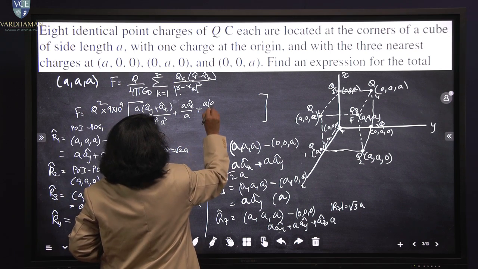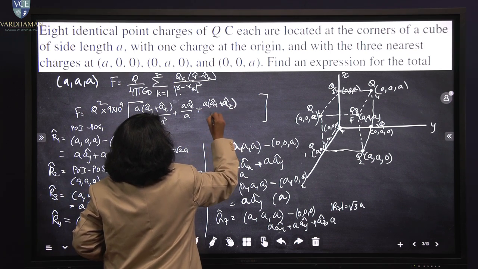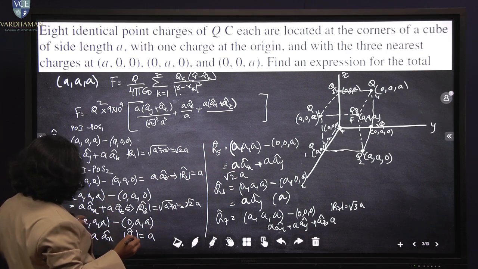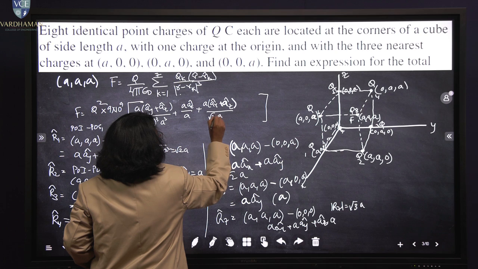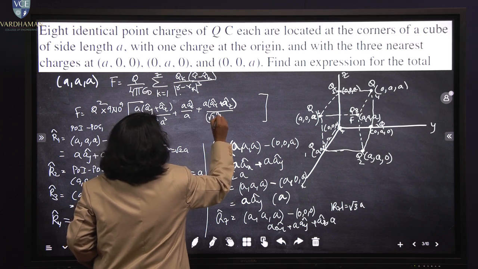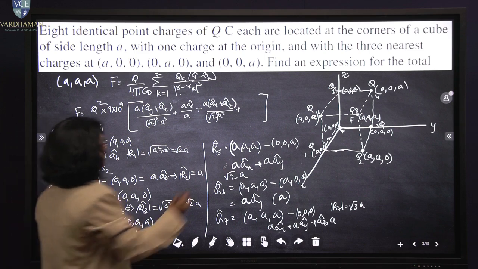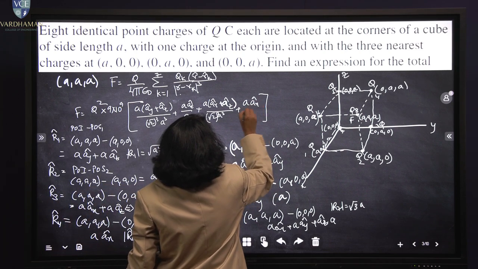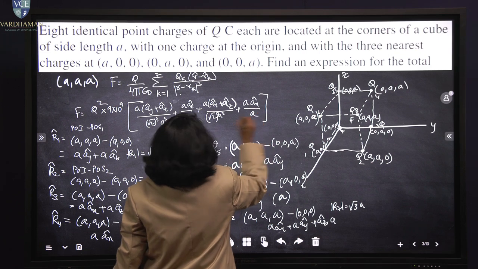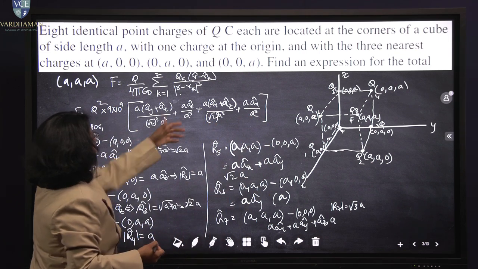So a times of ax and az by its magnitude. What is its magnitude? Root 2a. Root 2a whole cube, a cube. Fourth one, which is a again, but along x direction, a ax. So this is a cube, magnitude cube.